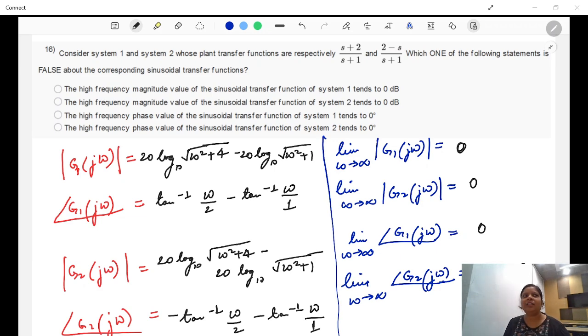It could have some other phase and it could be a minimum phase system and all of that. This question is related to that because you have two transfer functions: in one of them the zeros are in the right half, in the other the zeros are in the left half of the S-plane, while the denominators are the same, with the poles of both always in the left half of the S-plane.